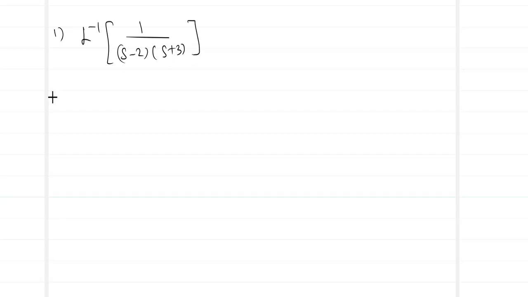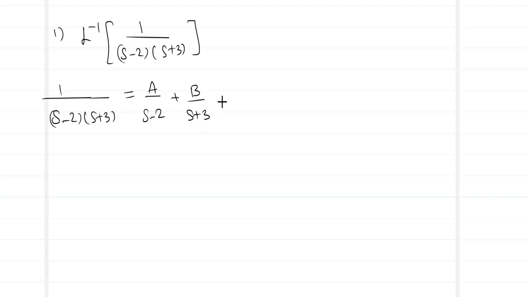As such, we will first consider the partial fraction of s minus 2 into s plus 3. Since they are factors which are independent, I can assign separate variables to it as a by s minus 2 plus b by s plus 3.